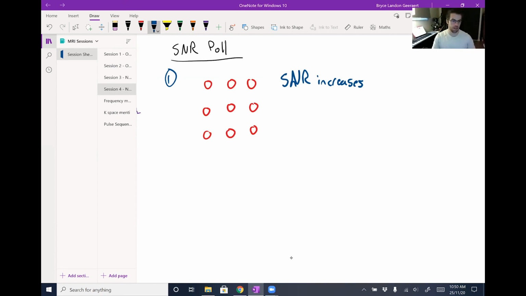But the voxel size determines how many spins are in a given location that are actually contributing meaningful information to the brightness of that pixel or that voxel, right? So if we start with a voxel that captures these 4 spins, then our signal from this area, I'll just keep it blue, would maybe look something like this, some variation of a given magnitude.